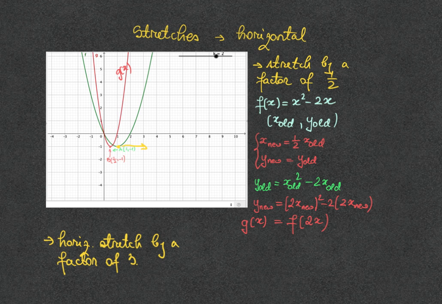It will move to this point here. And stop the movie and think how we get the new equation. So your equation h of x will be f of 1/3 x in your case. So I hope you all found this.